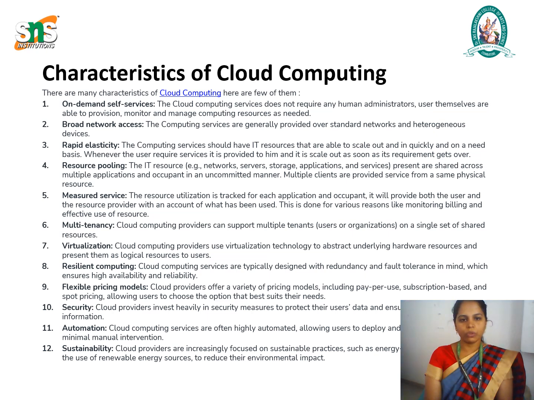The IT resources, for example network servers, storage, applications, and services, are shared across multiple applications and occupants in an uncommitted manner. Multiple clients are provided services from the same physical resource. And then measured service. The resource utilization is tracked for each application and occupant. It will provide information to both the user and the resource providers.